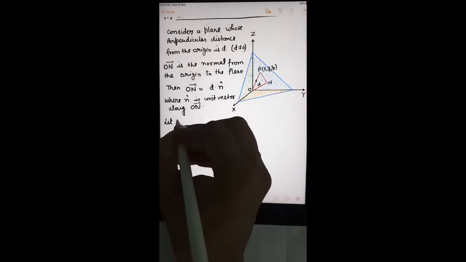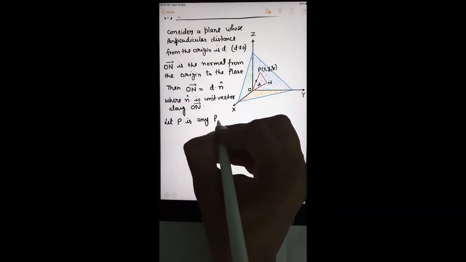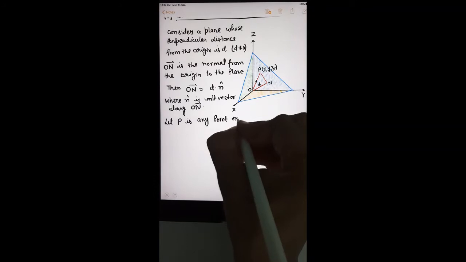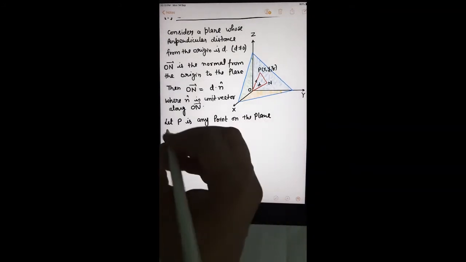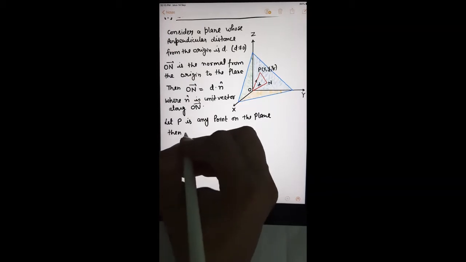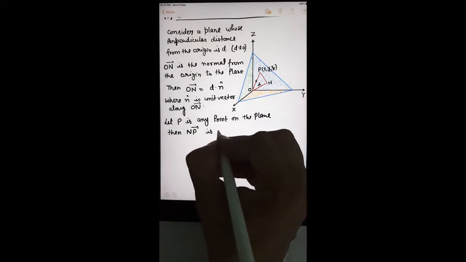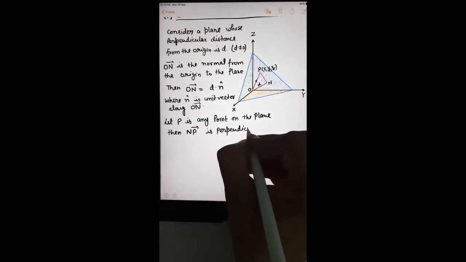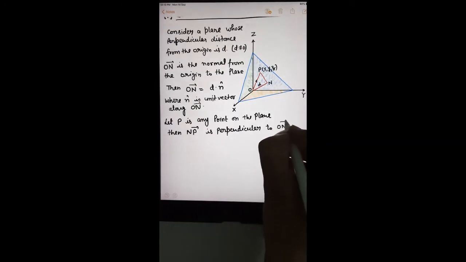Let P be any point in the plane, then vector NP is perpendicular to ON.